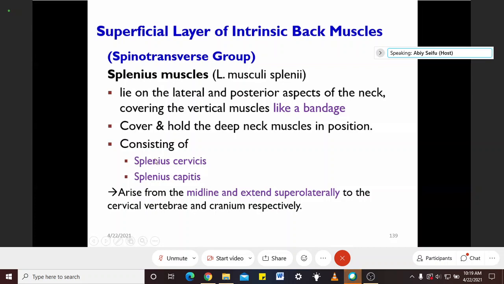The names tell the superior attachment: cervicis attaches on the cervical vertebrae, whereas capitis attaches on the cranium. The fibers extend superolaterally. Look, they extend superolaterally, so they are commonly called the spinotransverse group.